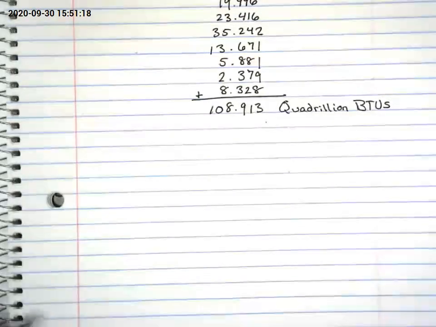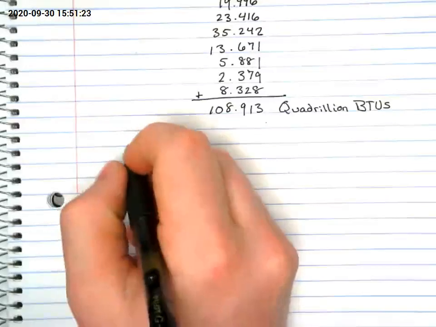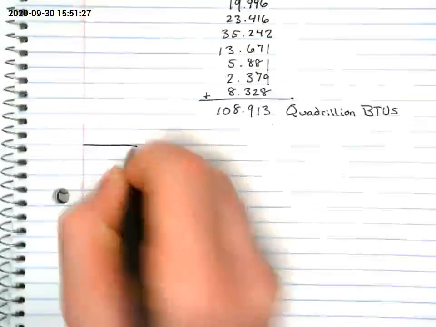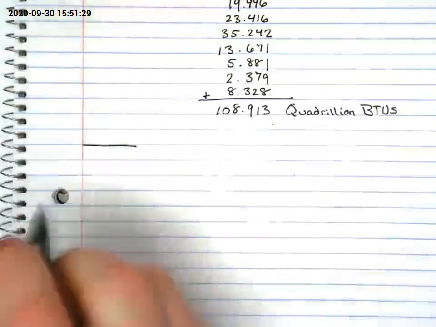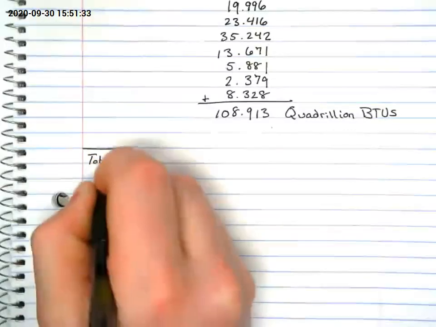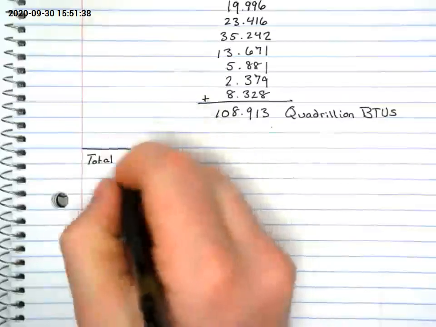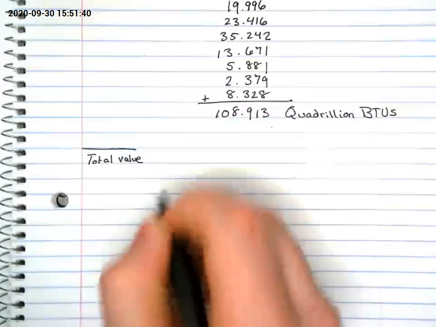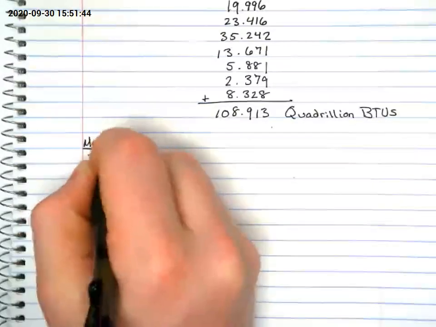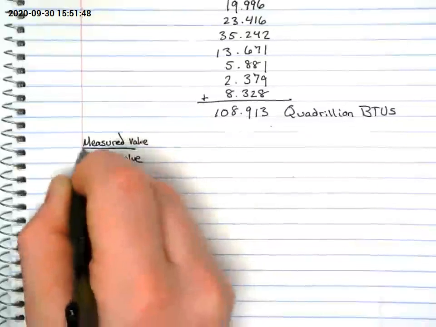The best way is to make a fraction, and every single time you put your total on the bottom, in this case the total energy, and your chosen measured value up top.